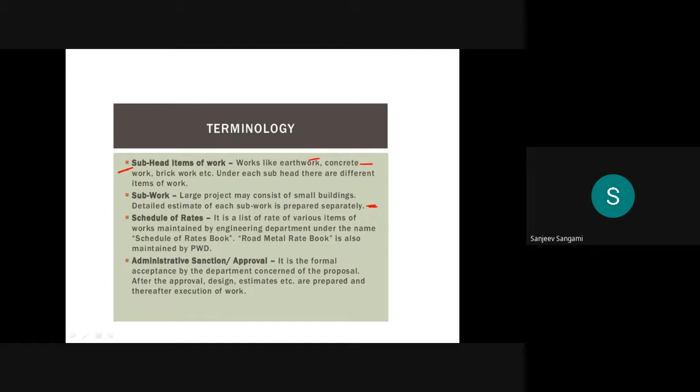Then scheduled SR, you already know. Then administrative sanction and approval. I already discussed in the first class what exactly the administrative sanction is, how the flow is going to happen, and how it will be done for each of the projects. It is followed from the plan approval till administrative approval, then technical approval, then the tendering process, for which I have given the flow chart.